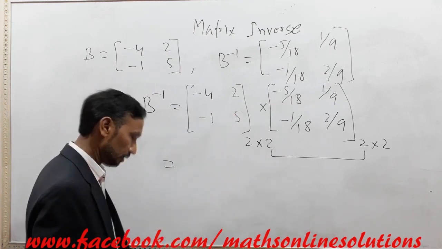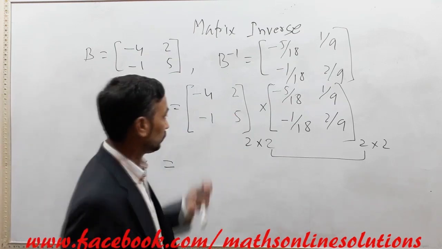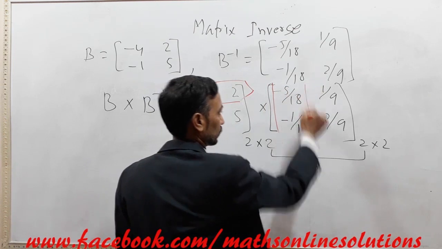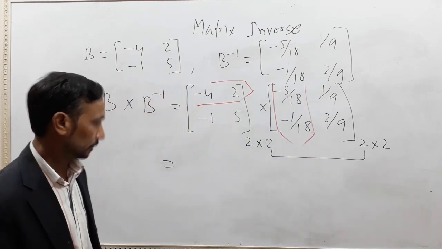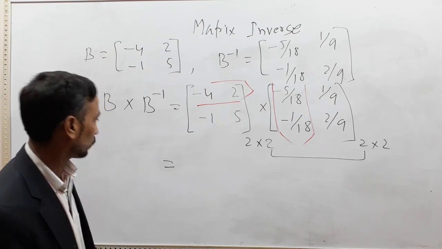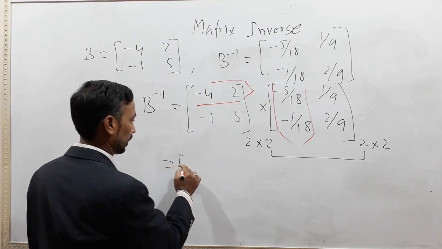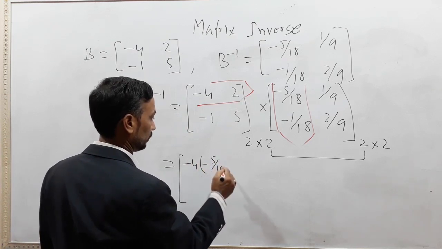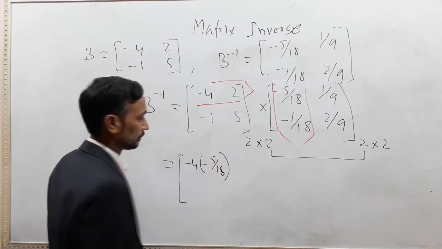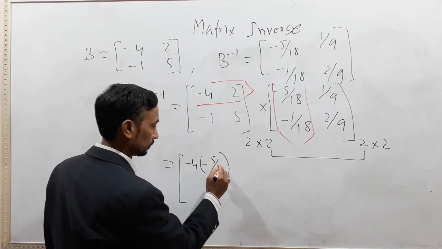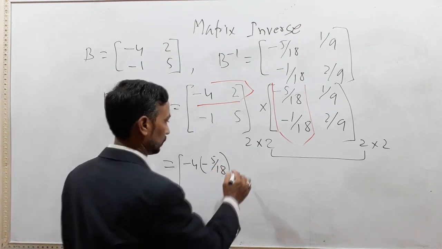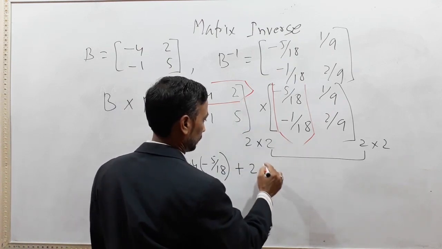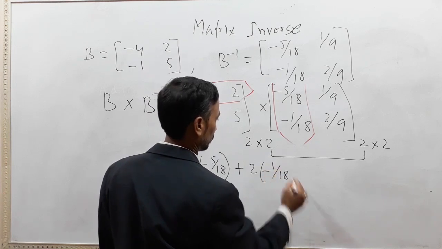Now the procedure for multiplication: we will take this row and multiply it with this column first. So it's going to be -4 multiplied by -5/18, plus, this is the formula, plus 2 multiplied by -1/18.